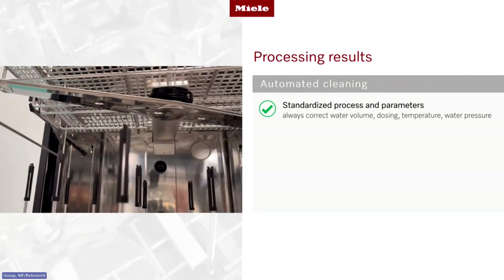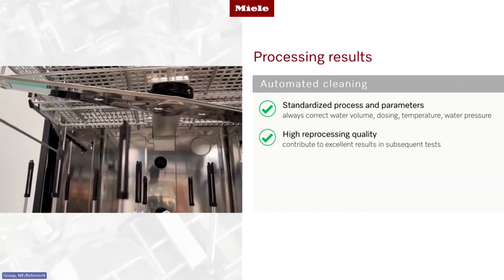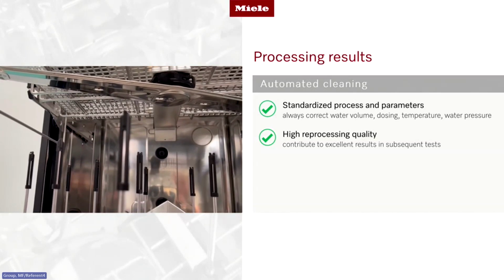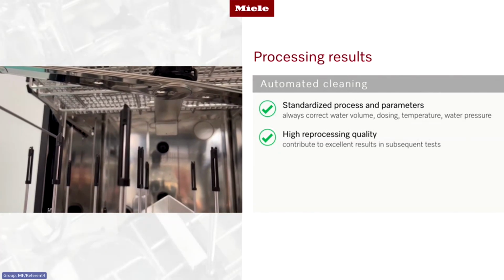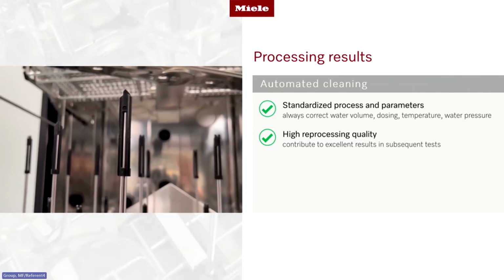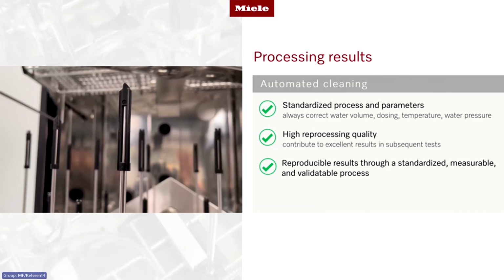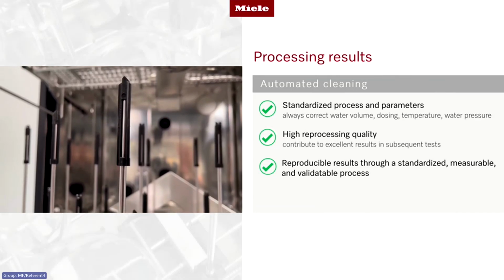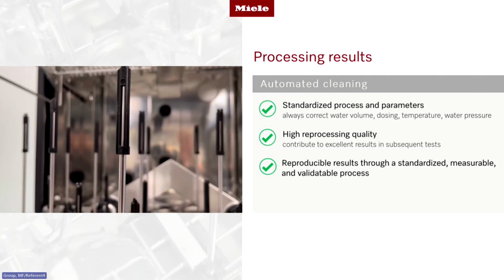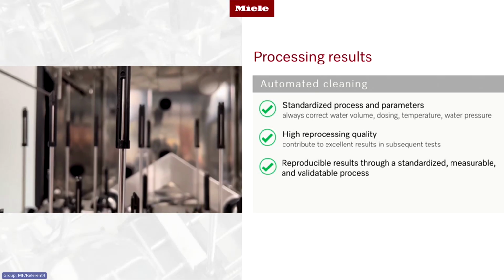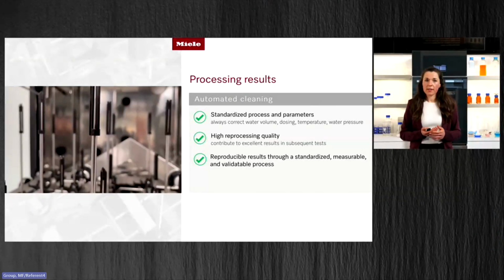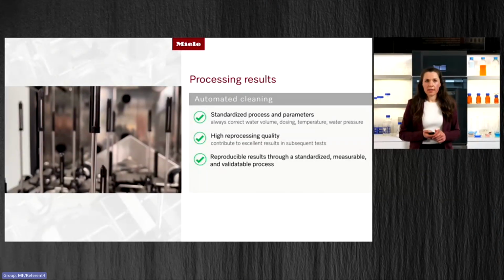So the factors of the inner circle that we heard about earlier are perfectly aligned for each program to achieve the best cleaning results. And the big advantage here is consistency. Every cycle delivers the same high-quality cleaning result, no matter who operates the machine, no matter what day it is. That means the results are reproducible, standardized, and the process is validatable.